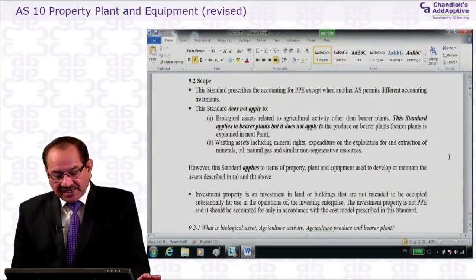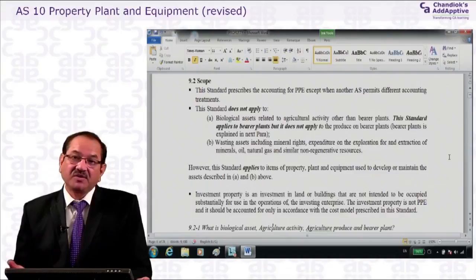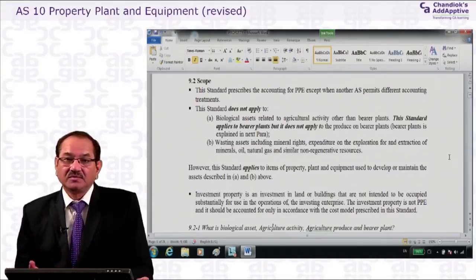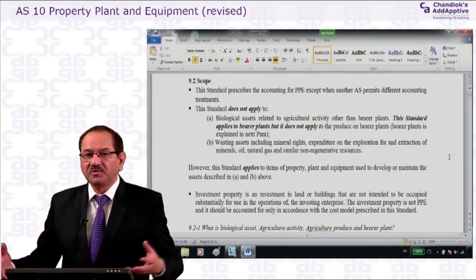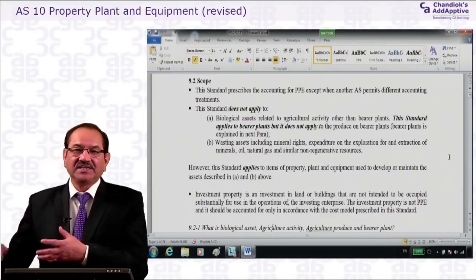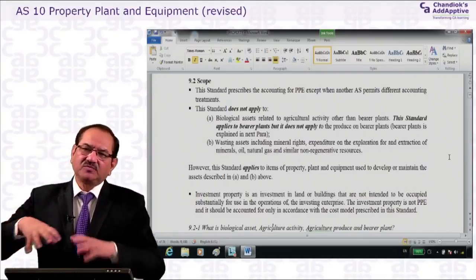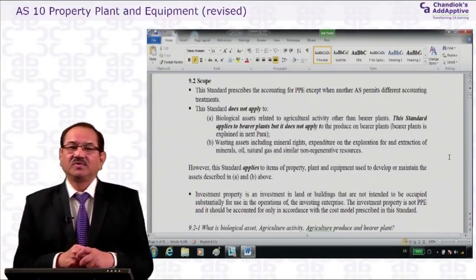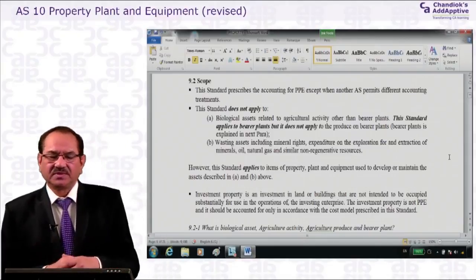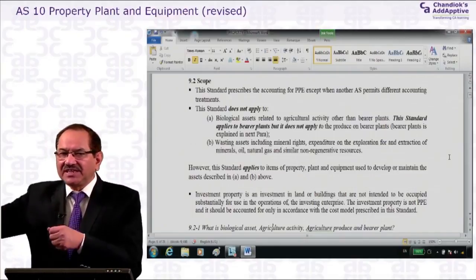This standard applies to items of property, plant and equipment used to develop and maintain the assets for development of the coal. Suppose you took a land on lease where there is a coal mine. That lease right is a wasting asset for you, because you will be extracting the coal from it. But to extract the coal, you have purchased certain equipment, drilling machines and all these.